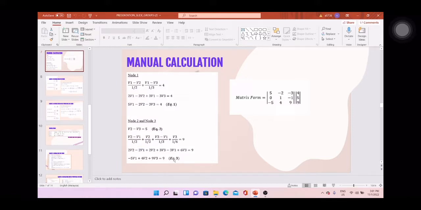This is our equation 3. So we get the matrix form: 5, 0, negative 5; negative 2, 1, 4; negative 3, negative 1, 9; with 4, 5, 9.